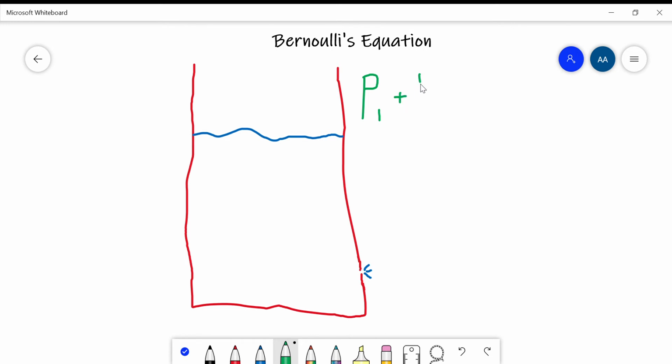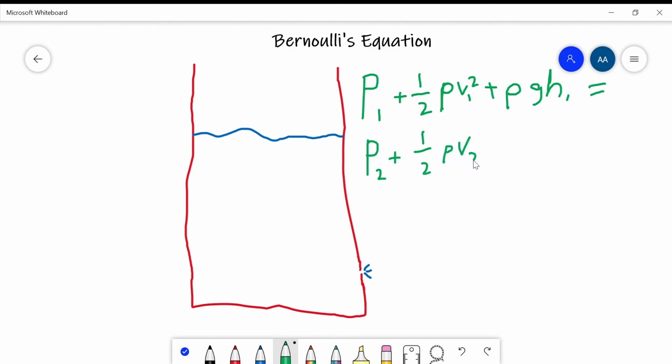We're going to have 1/2 rho V squared, and we're going to do V1, plus rho G H1, and this is all going to be equal to, since it's an equation, it has to be equal to something, P2, this is going to be the pressure, 1/2 rho V2 squared, plus rho G H2. And so that's Bernoulli's equation.